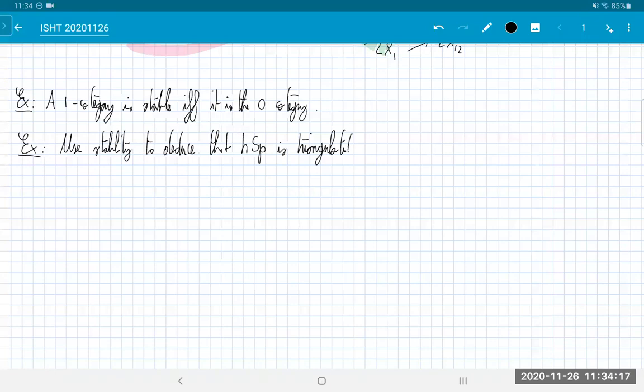So that's maybe not very helpful, but people that were thinking about these things had seen triangulated categories before and they thought they were useful.